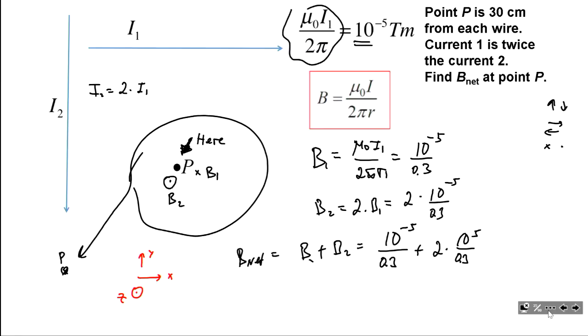That's a standard choice, a standard agreement. So relative to this standard agreement, into the screen means a negative number, and now we're subtracting 2 minus 1, 1. So 10 to the negative 5th over 0.3, negative.